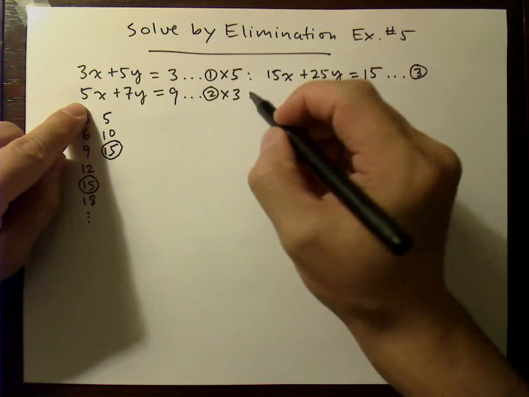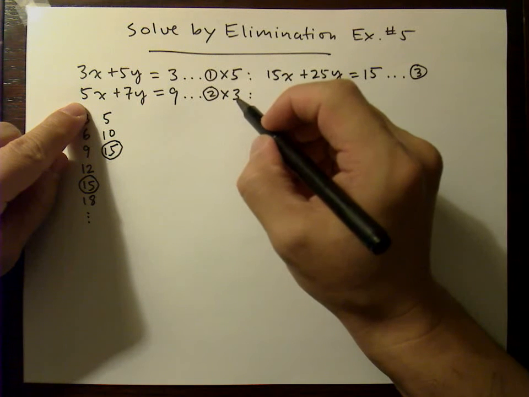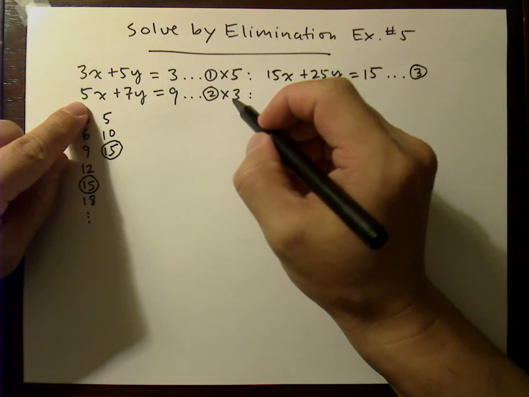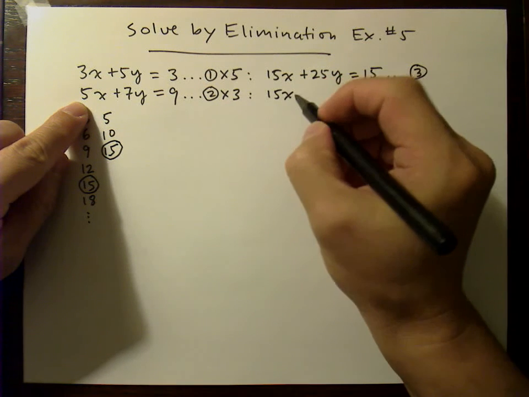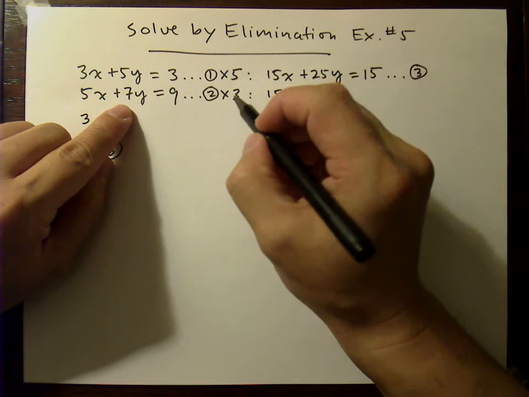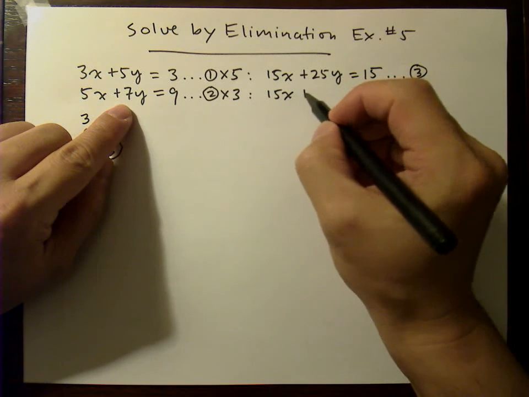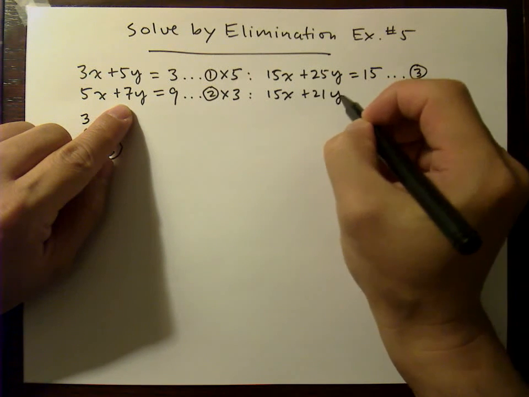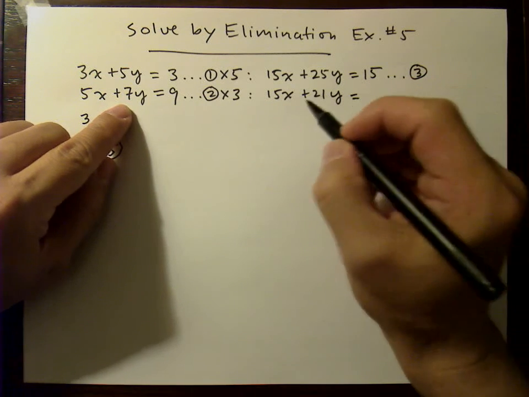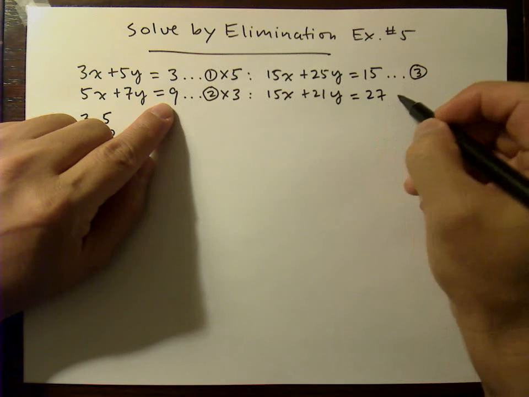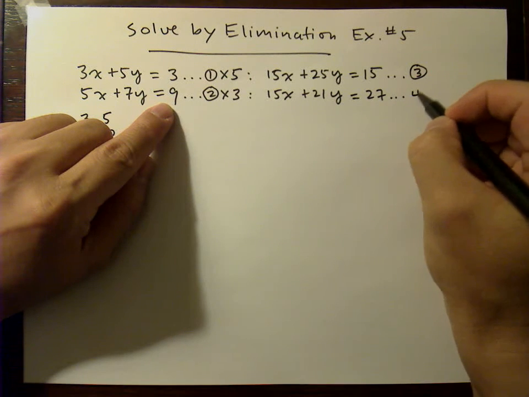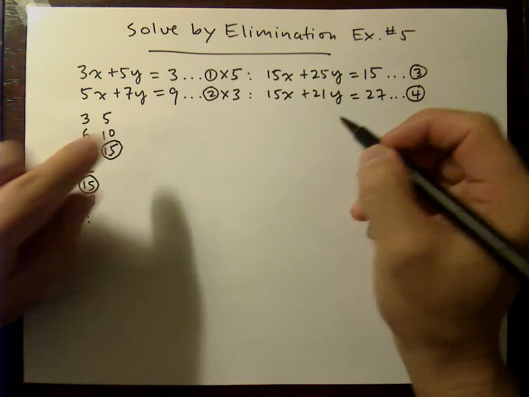Next, let's multiply the second equation by 3. 5x times 3 is 15x, plus 7y times 3 is plus 21y, equal to 9 times 3, which is 27. Again, this is a new equation, so let's label it equation 4.